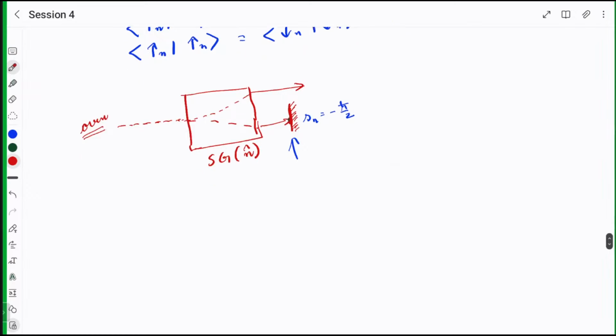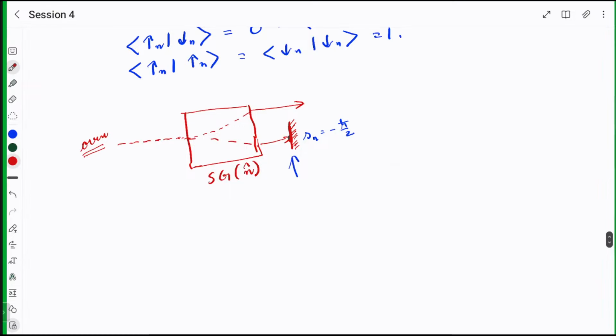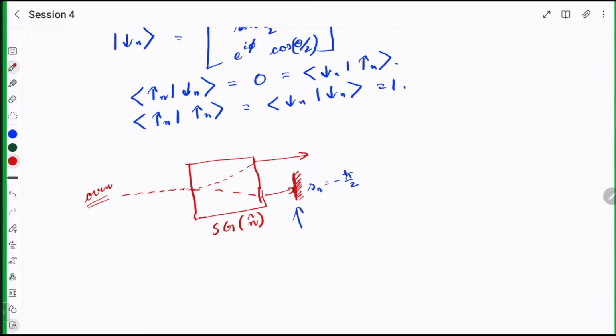But what I'm asking is, if I have put the screen here, then I am measuring only the spin down ones, the Sn minus ħ/2 ones. So am I still measuring Sn plus ħ/2? Because I am letting the Sn plus ħ/2 ones pass, I am not putting a screen there.